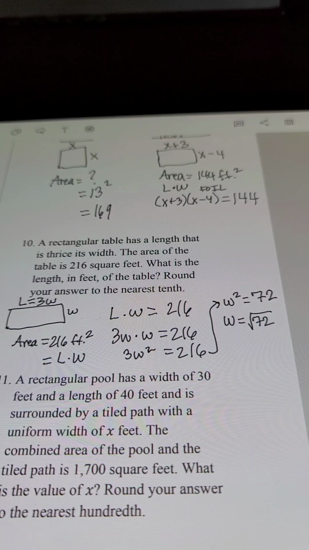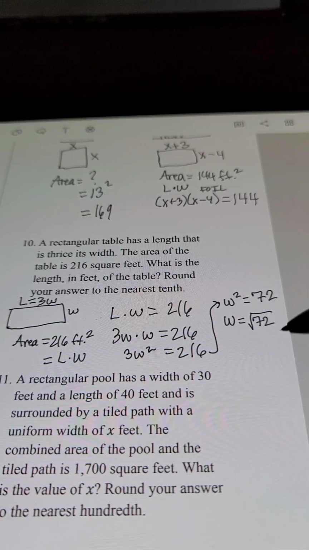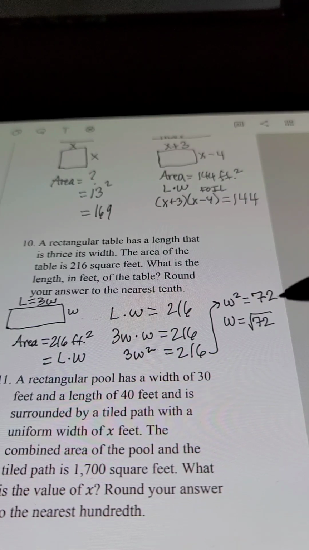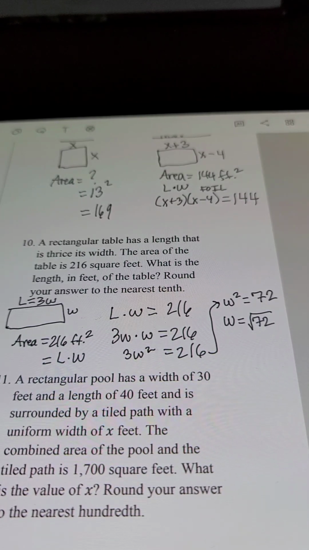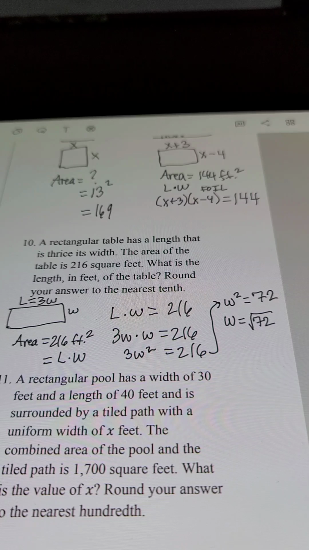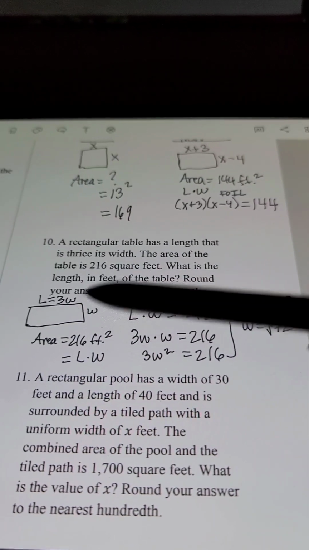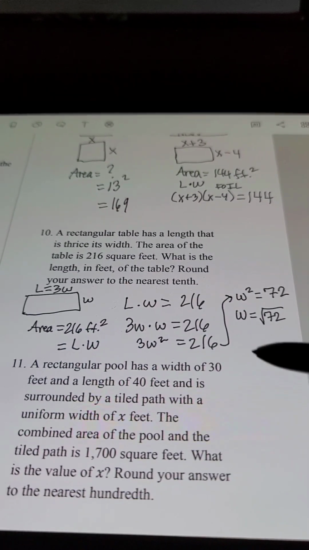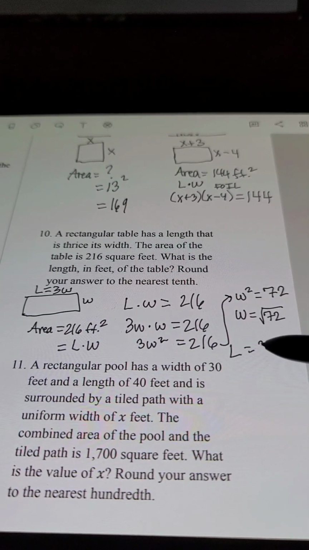I mean, you could simplify this. 4 probably goes into it, I think. Yeah, it does. But it doesn't matter really, because you have a calculator available to you. So like what you can do now is just say, oh, I know that the length is what I'm trying to find. Length is equal to 3W, right?